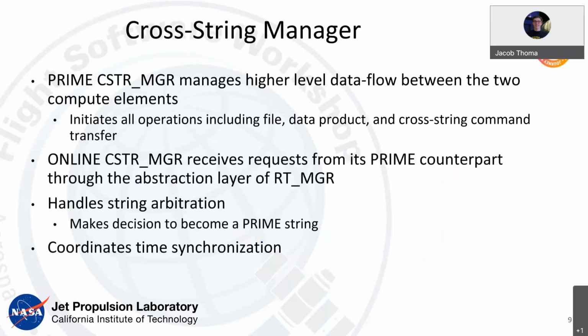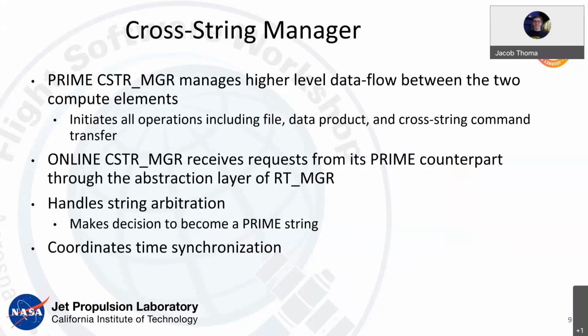So a little bit more about cross-string manager. Like I mentioned, it's running on both strings and performs different functions based on which string we're on, whether prime or online. So the prime cross-string manager coordinates the higher level data flow between the two compute elements.